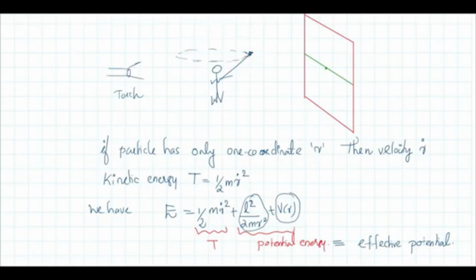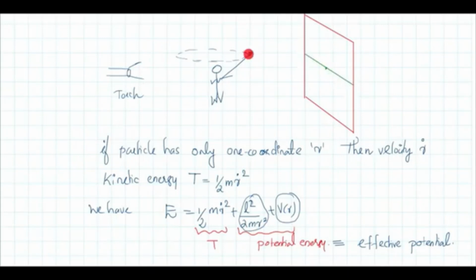Suppose you switch on a light from this side and you are observing the shadow of this stone on a wall. You can see the shadow of that motion in this plane, and that motion will be in a straight line.